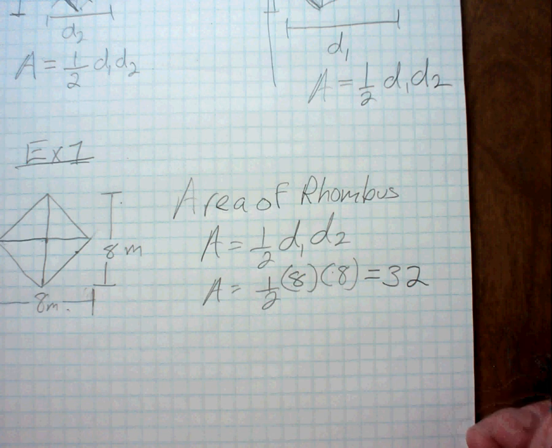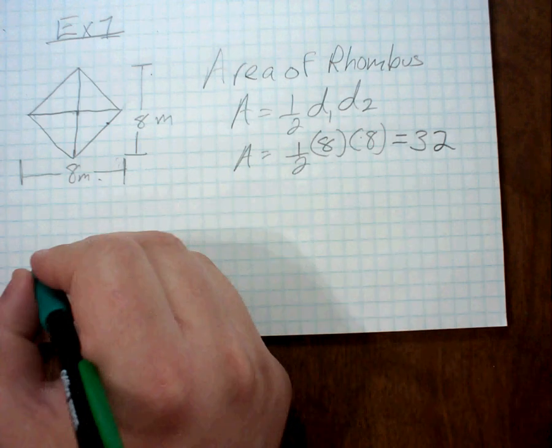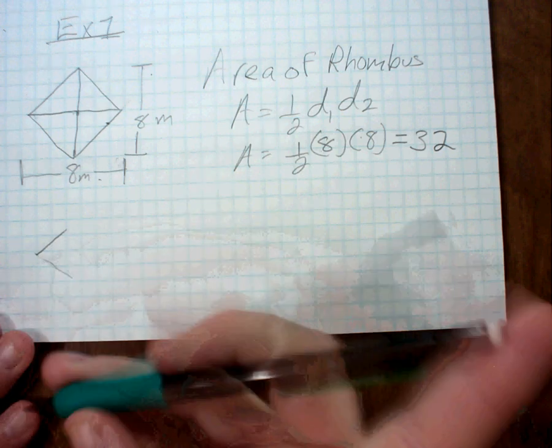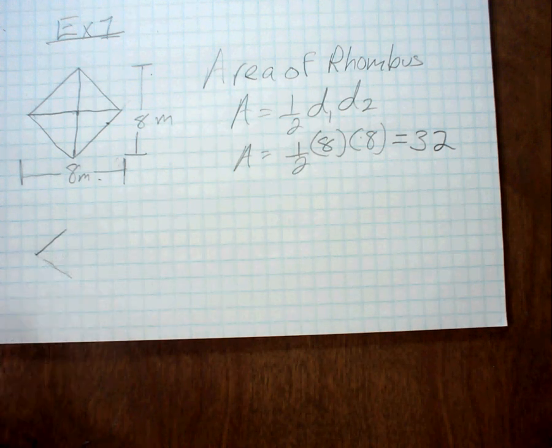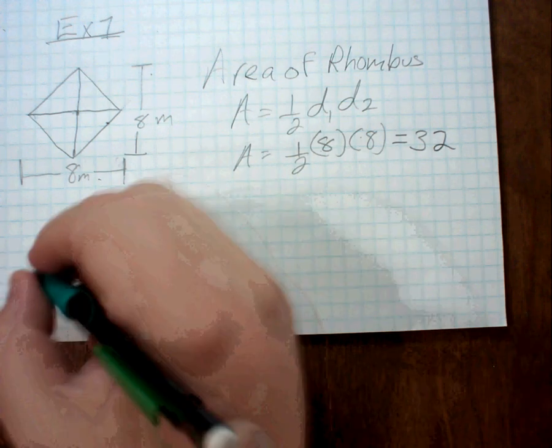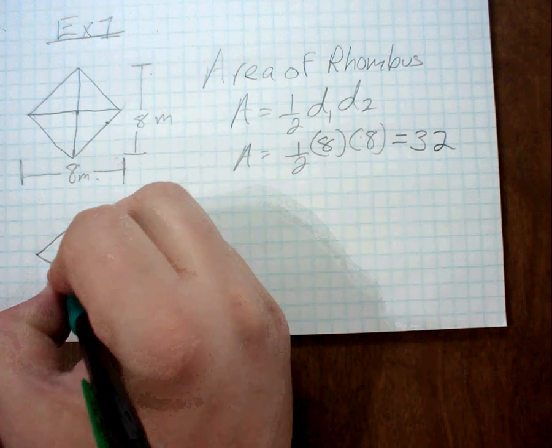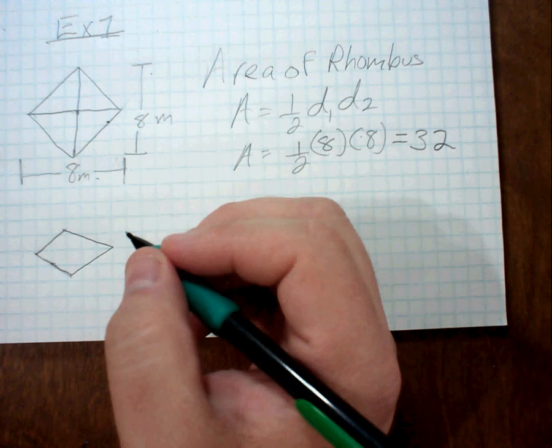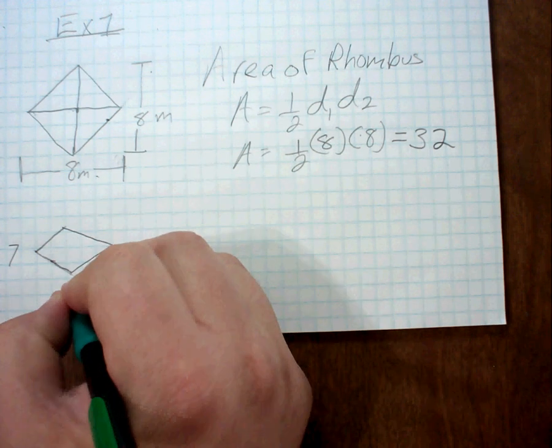Okay? And then there's another one that has a kite. So that's a rhombus, and then there's a part B where there's a kite. So on the kite, they say that this is 7 and that this diagonal is 10.